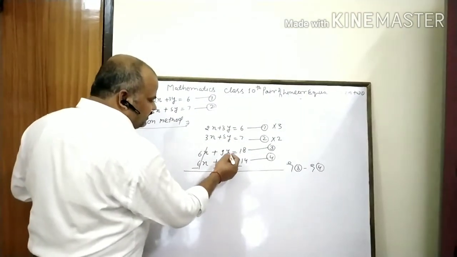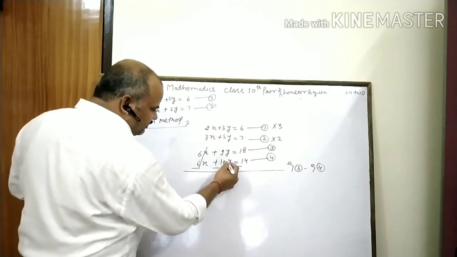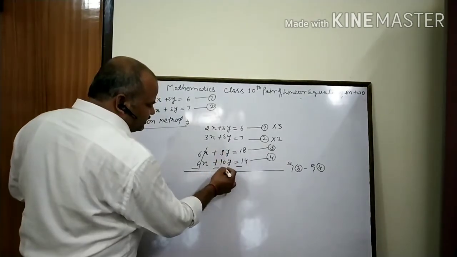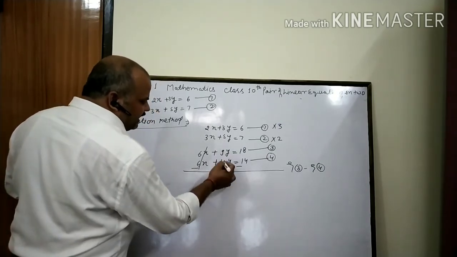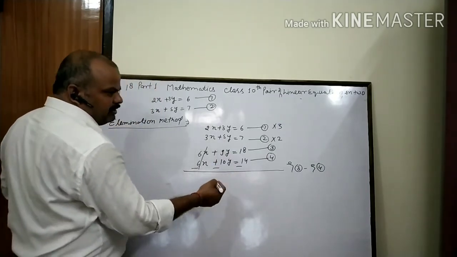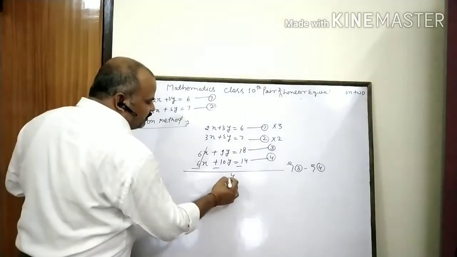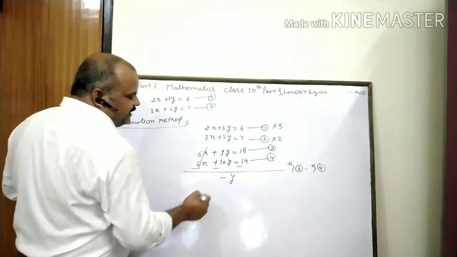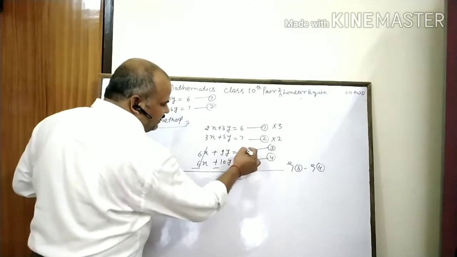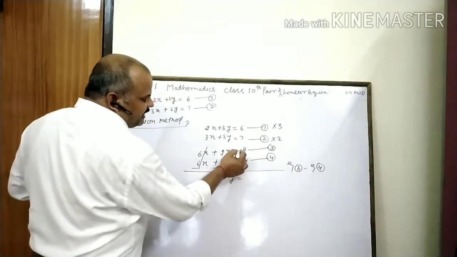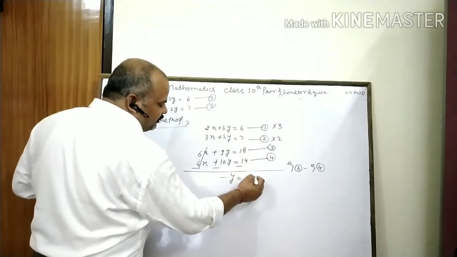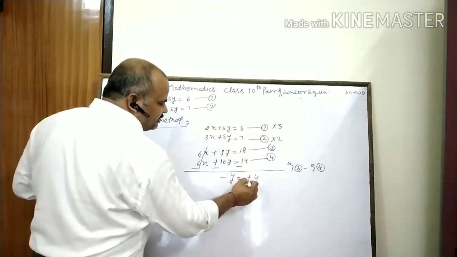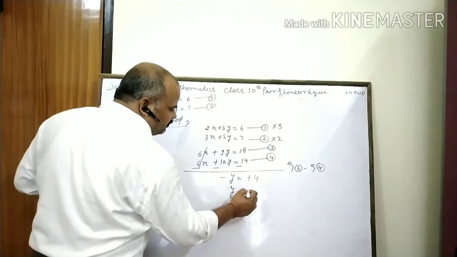And here it is 9y minus 10y. Subtract because the signs are different: 9 minus 10 is 1, and 1 into y means y. We put the sign of the greater number, so here minus. And 18 and 14 are subtracted: 18 minus 14 is 4, and plus, then y is equal to minus 4.